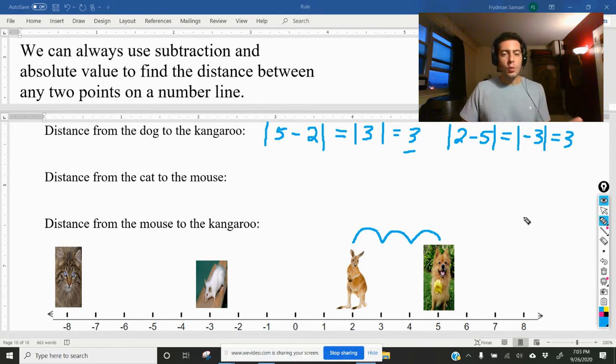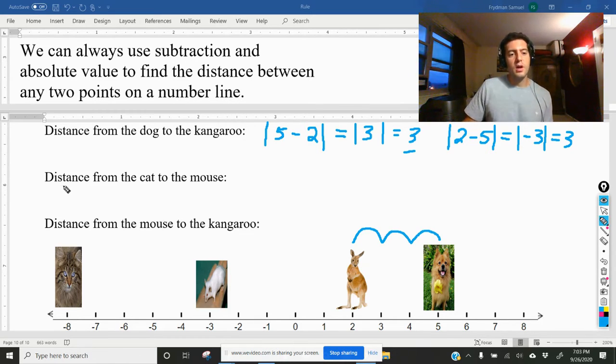So when you're doing the subtraction to find the distance between 2 points, it doesn't matter what order you do the subtraction in, as long as you remember to take the absolute value in the end, because then everything just becomes positive.